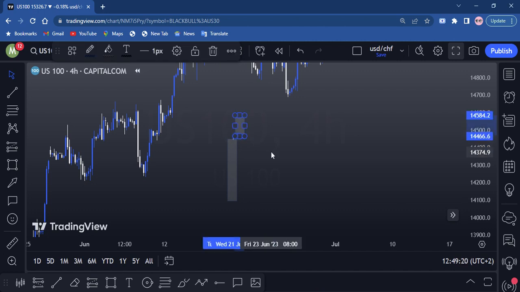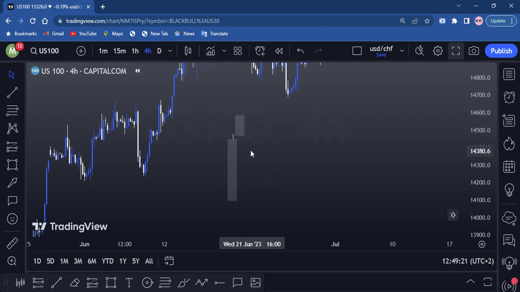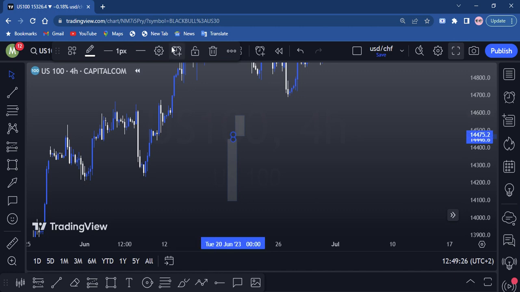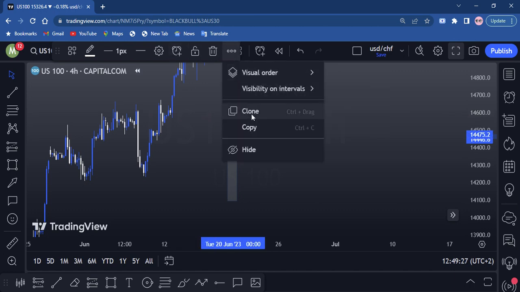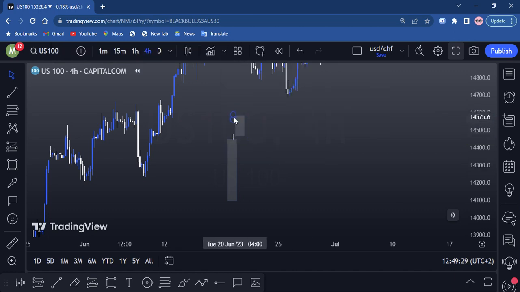So, then let's clone that. So it also has a wick, right?